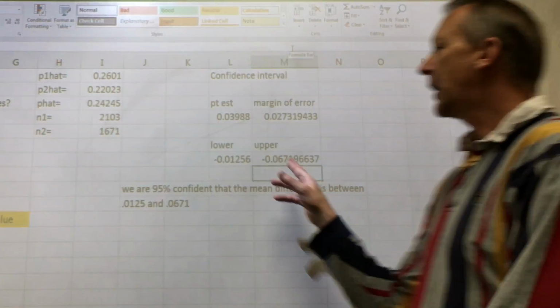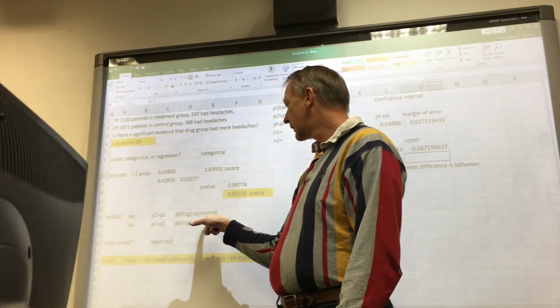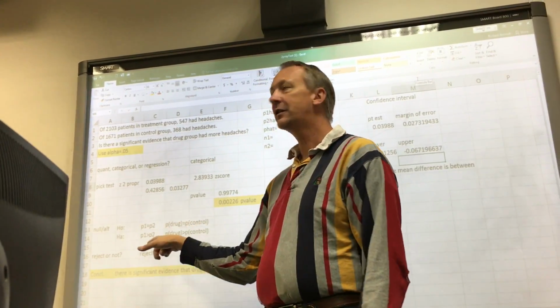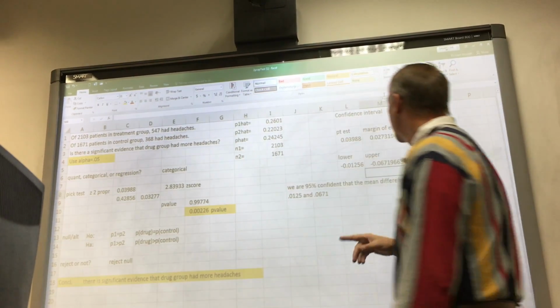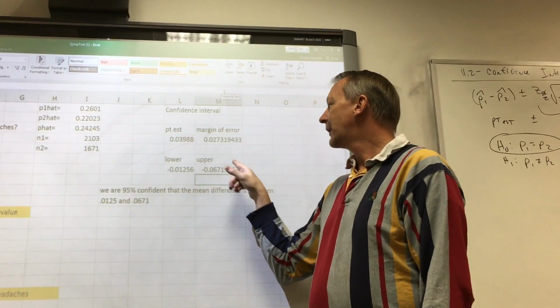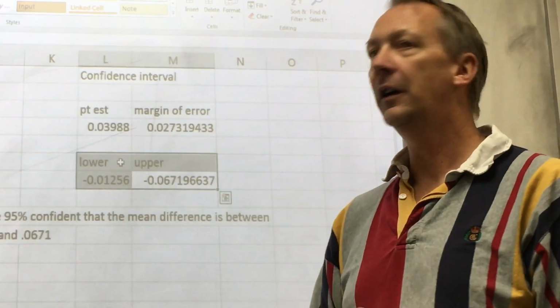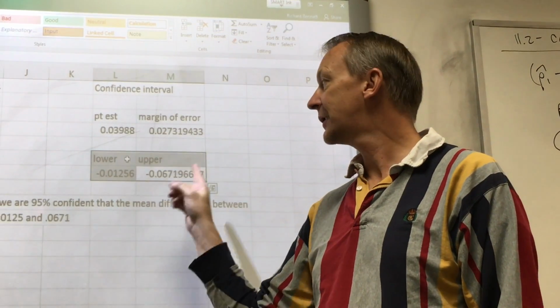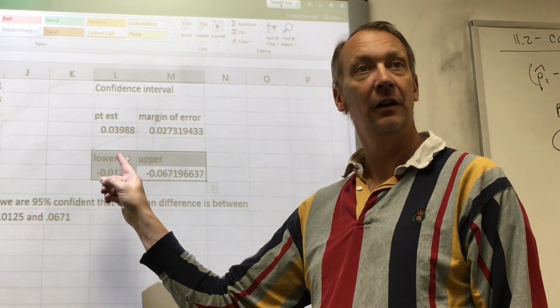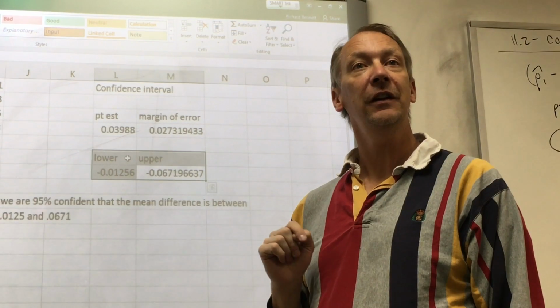If I had flipped this around, the control is less than the drug, all of this would have been backwards, everything would have been negatives. I might have gotten this for an interval. In this case, if this is my answer, is there a significant difference?